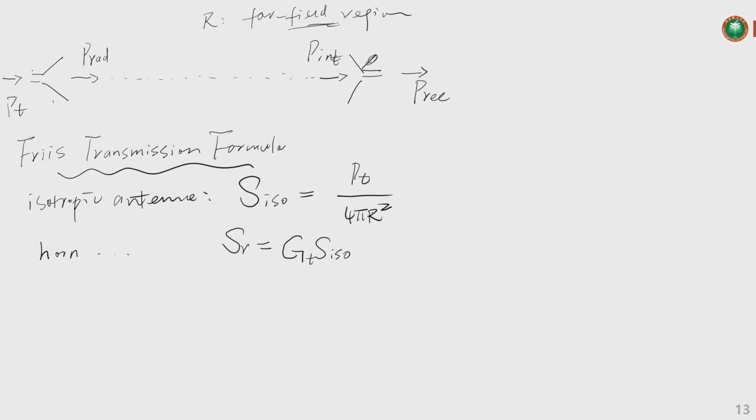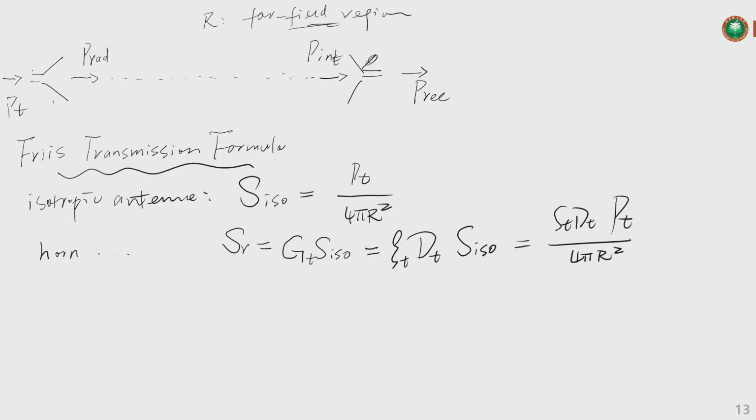So it becomes the efficiency of the transmitter times the directivity of the transmitter times the power density of the isotropic antenna, right? So it becomes e_t D_t, this equation, times the transmitted power divided by 4 pi r squared, right?